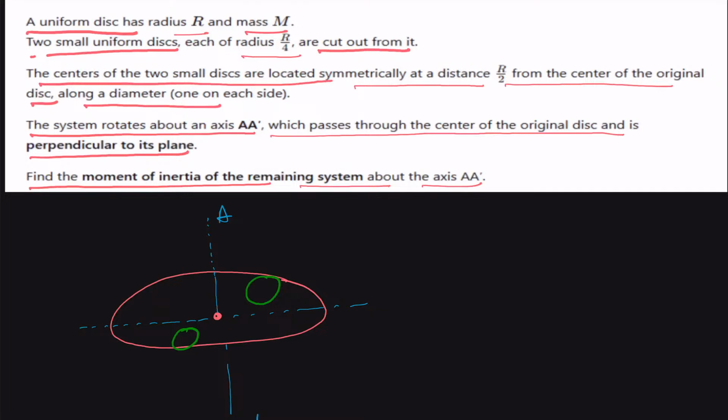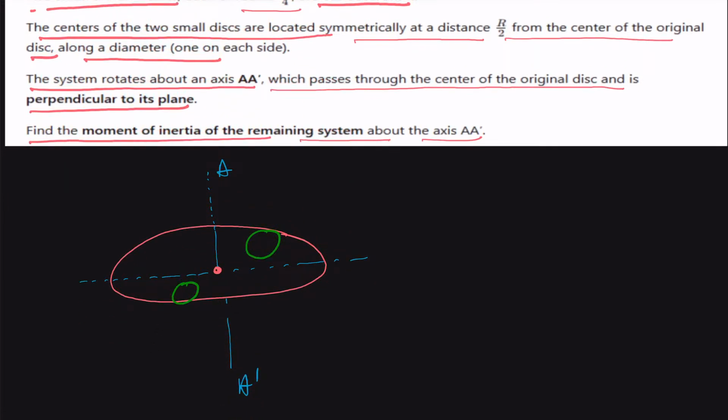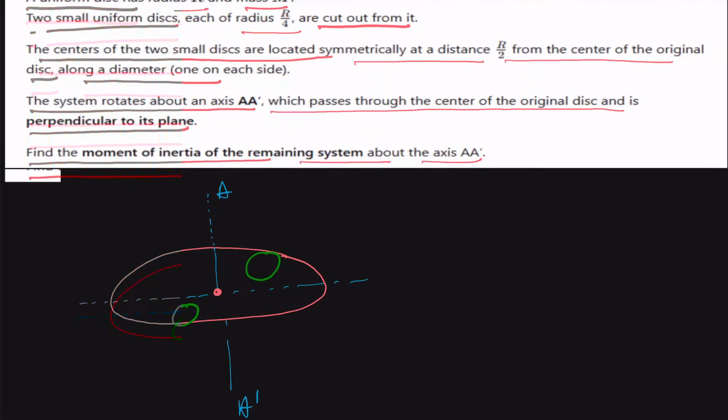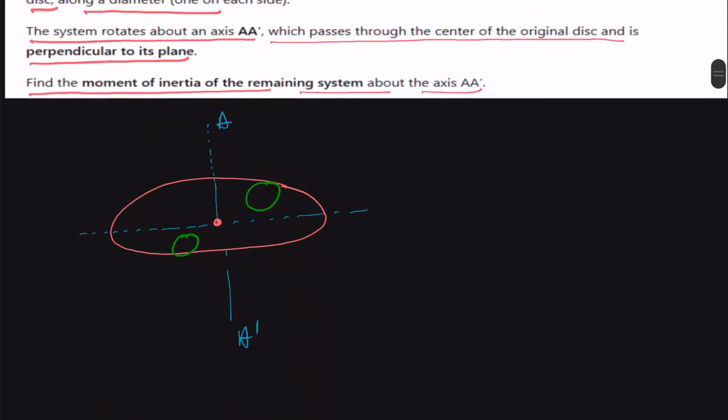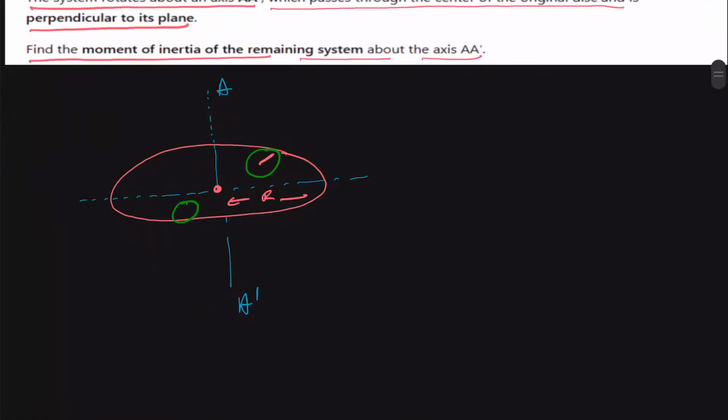The figure was given to us in the question. I think I forgot to paste the figure. Anyway, we are given that r is the radius, so this radius is given as r, and the radius of the small disk is given as r by 4, and this is also r by 4.